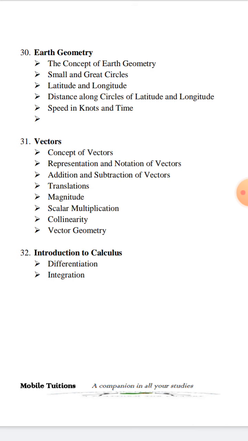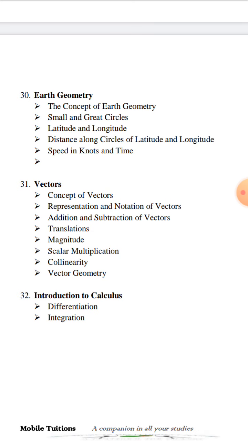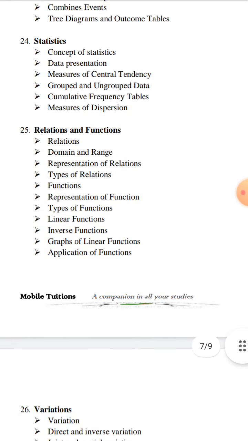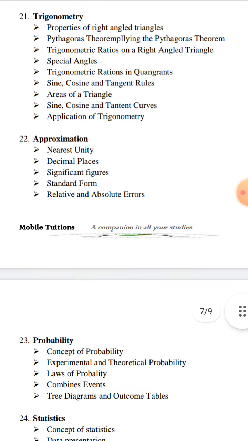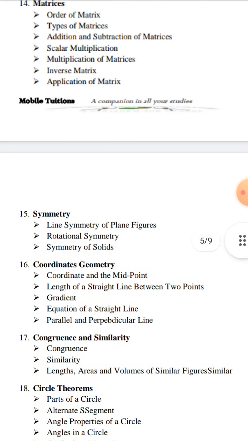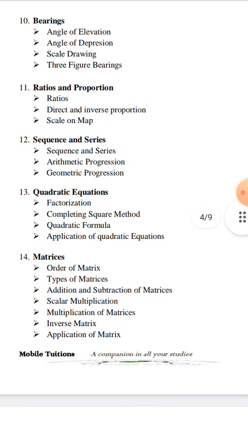So this is all important if you are doing mathematics at senior secondary level. You can see that almost all the topics are highlighted here. So don't take your time. Please register with Mobile Tuitions and get started by learning with us both online and offline.